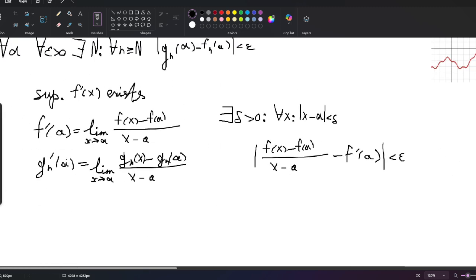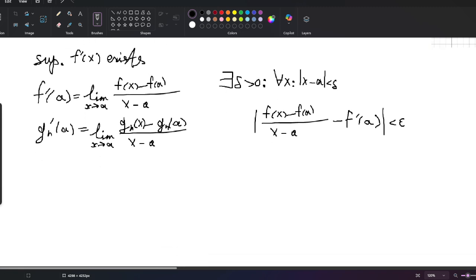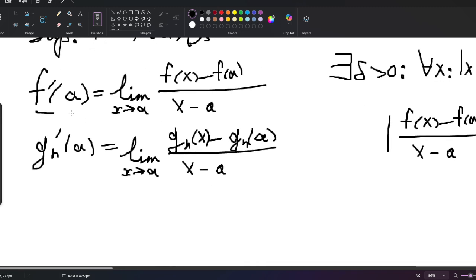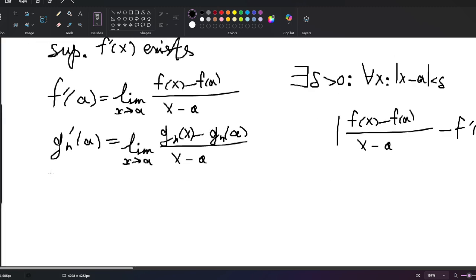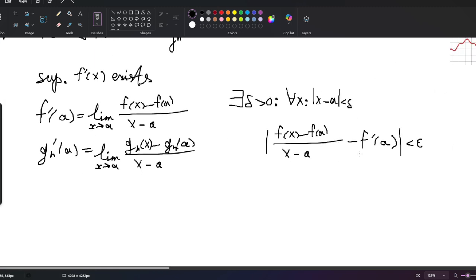Now, if we were to look into this entire thing, I'm going to compare f prime of a and g n prime of a. I'm going to show that g n prime of a is also approaching f prime of a.